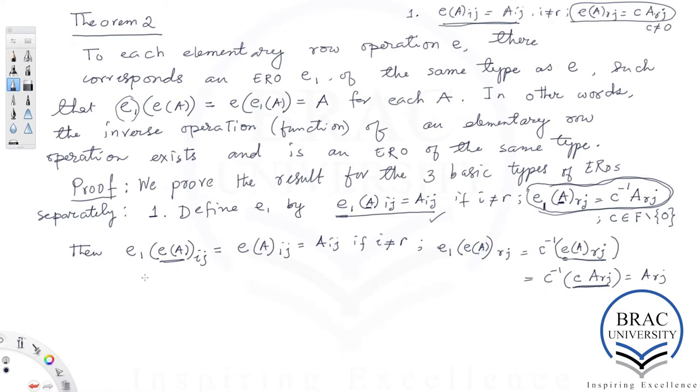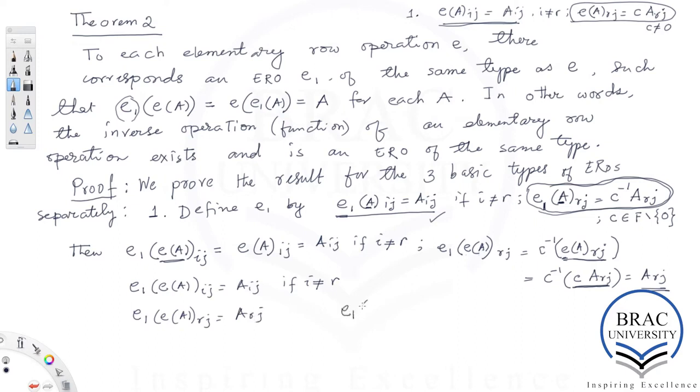So we have seen that E1 of E of Aij is equal to Aij if I is not equal to R, and we also have seen that E1 of E of Arj is equal to Arj. What does that mean?